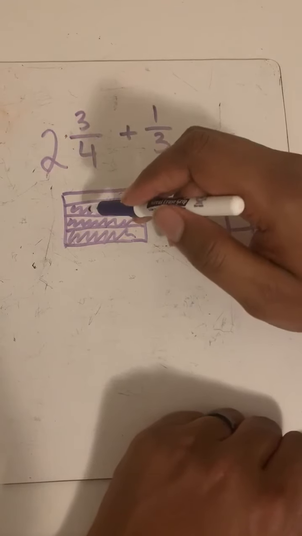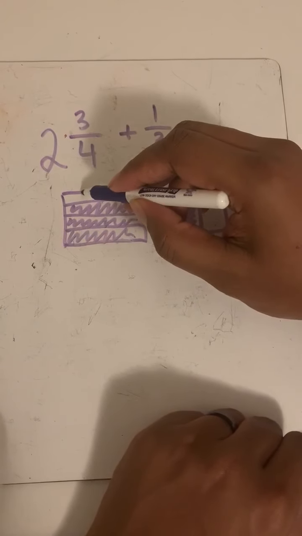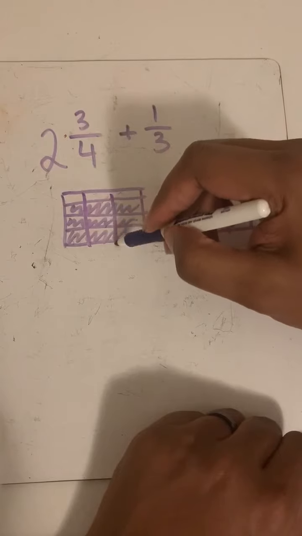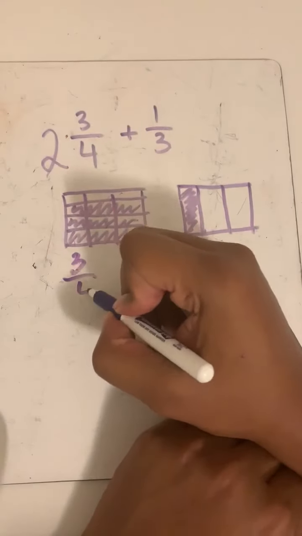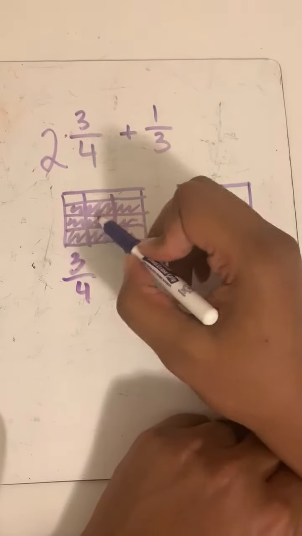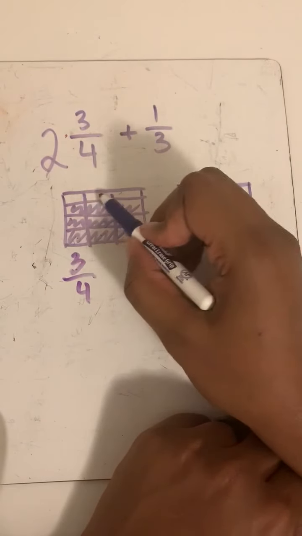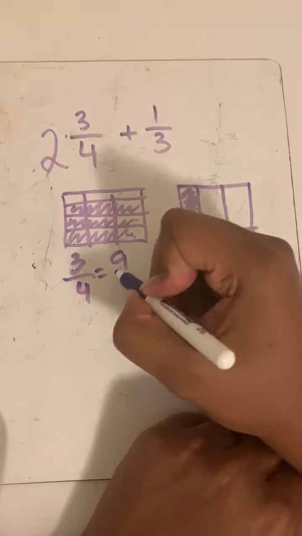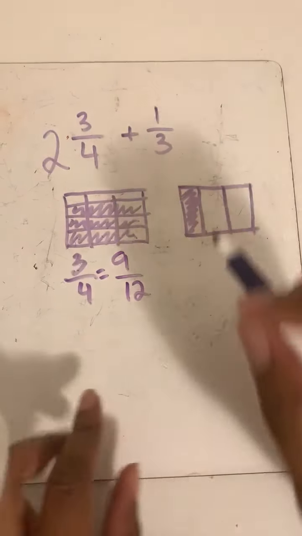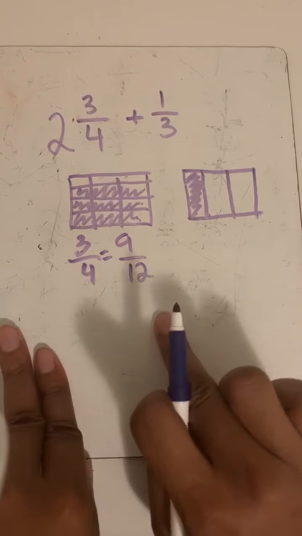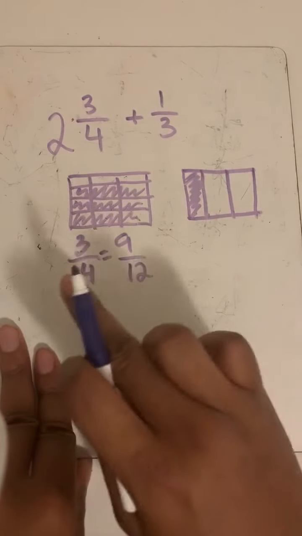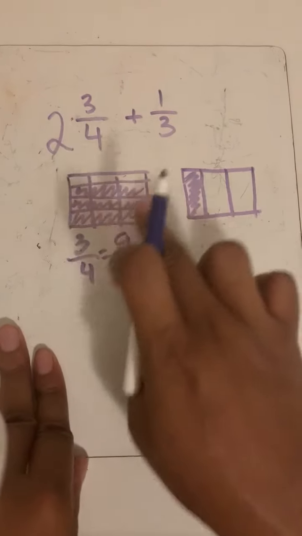To get the equivalent fraction, I need to cut the 3/4 into 3 parts. So 3/4 now becomes 1, 2, 3, 4, 5, 6, 7, 8, 9, 10, 11, 12 parts, and I got 9/12. 3/4 is equal to 9/12. It's really the same value, just smaller units, as you see.